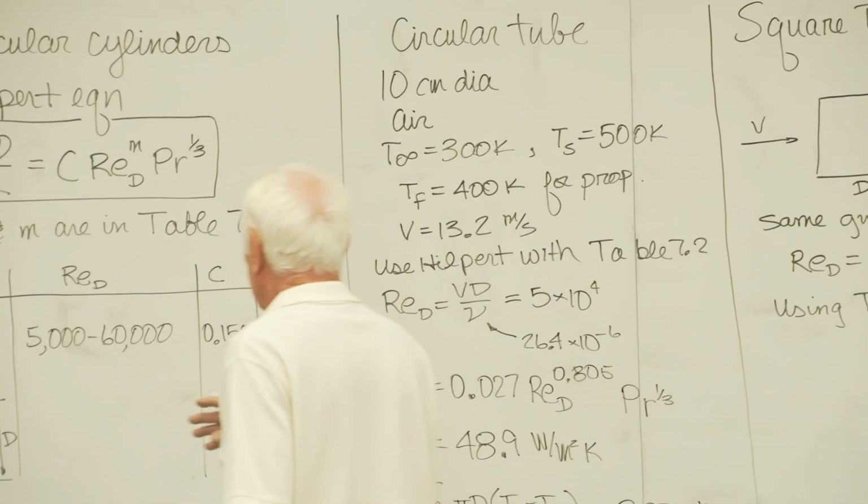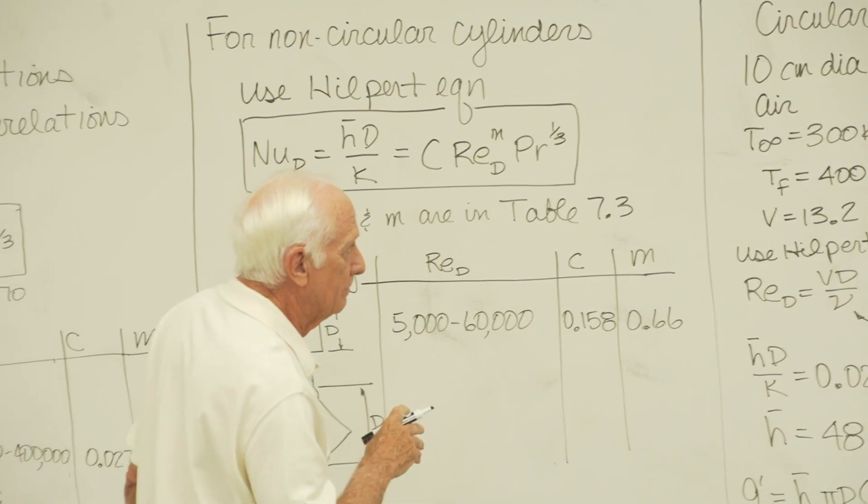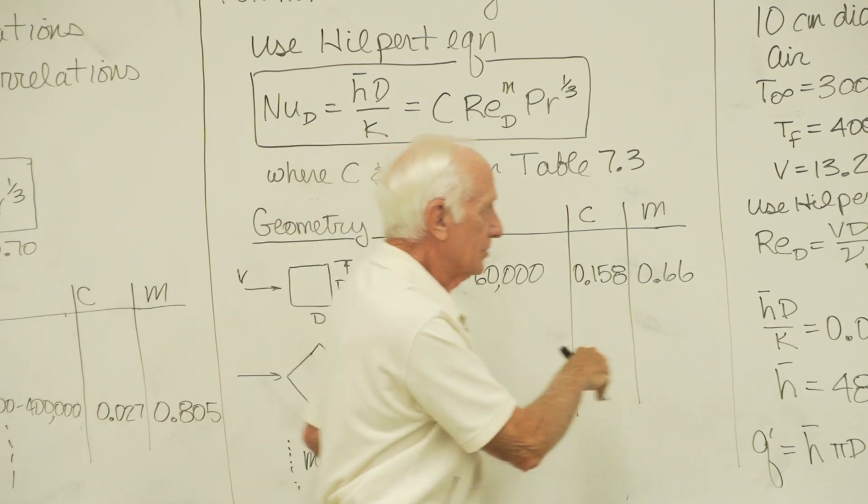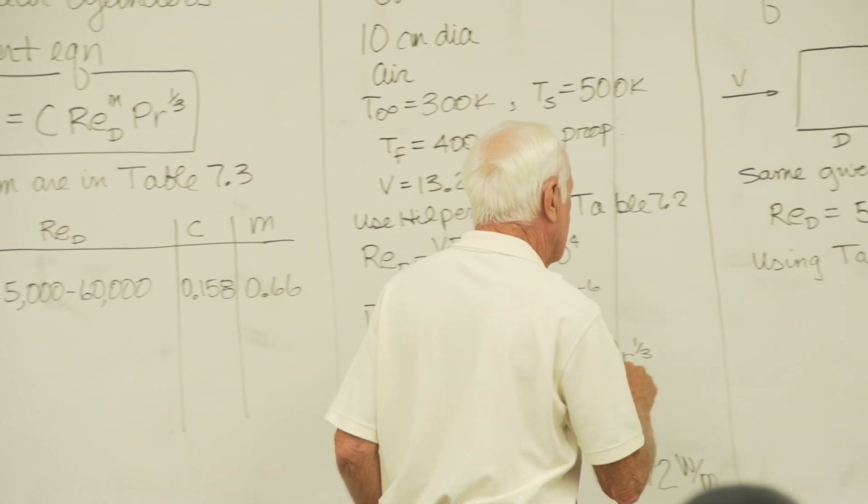Okay, back over here, table 7.3, we've got a Reynolds number of 50,000. Yep, falls in here. So I know C and M, 0.158 and 0.66.